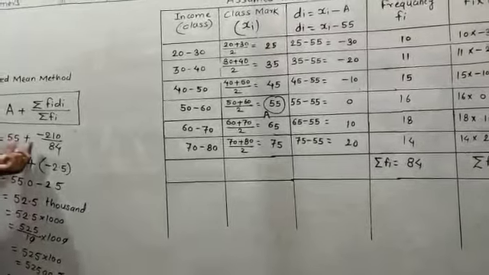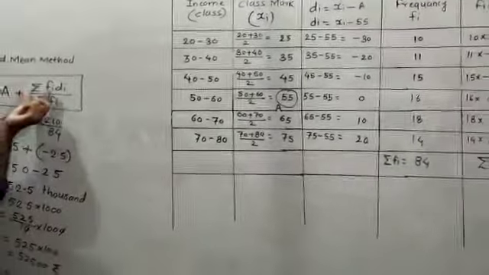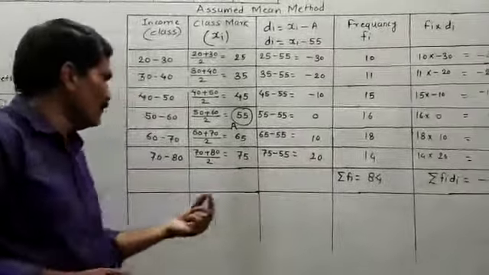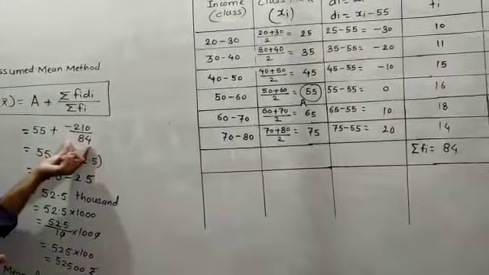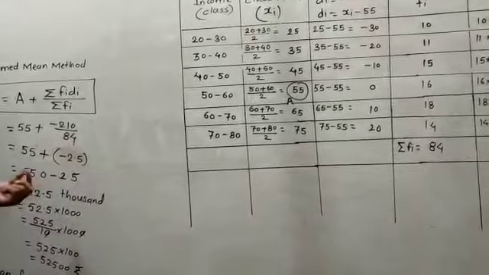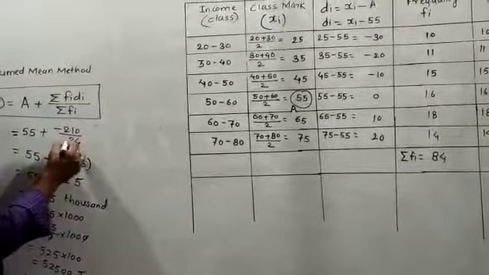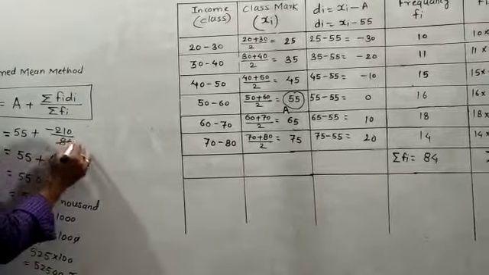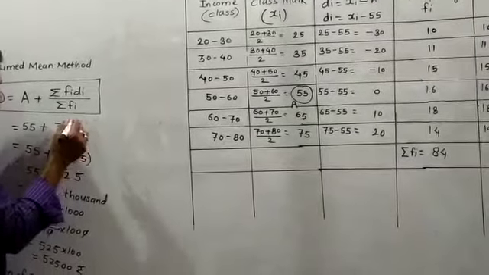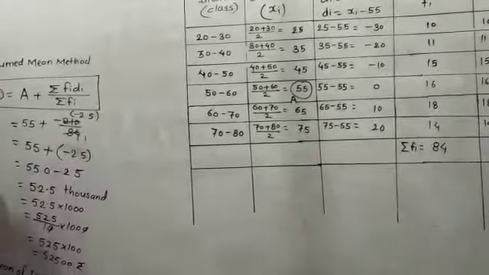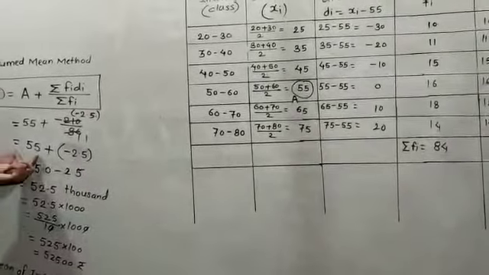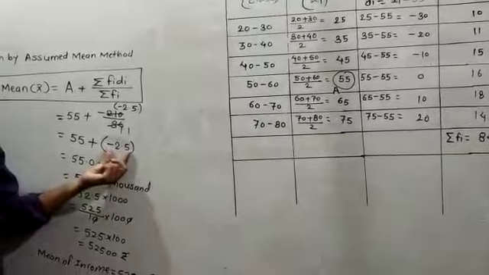So 55 plus sum of fidi, which is minus 210, upon sum of fi, which is 84. Then you have to do the division. 84 ones are 84, and 84 2.5s are 210. So 55 plus minus 2.5.